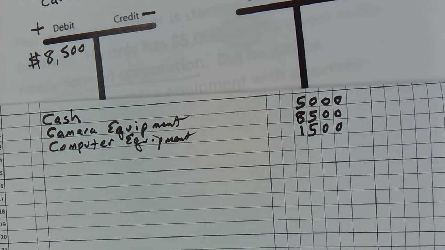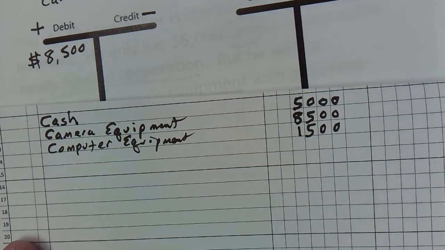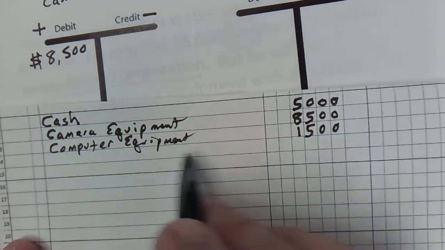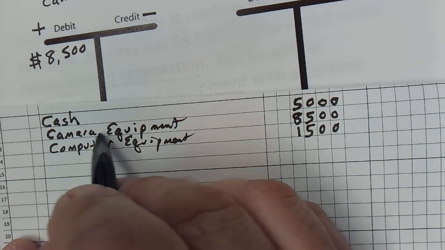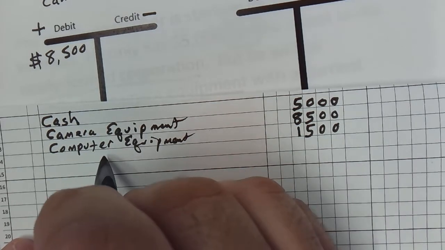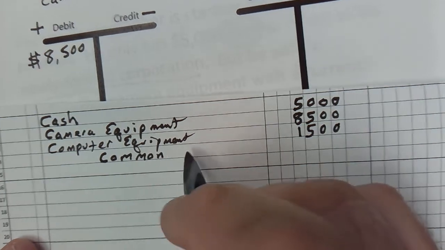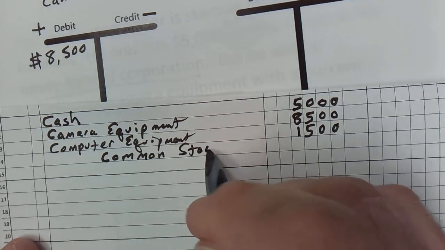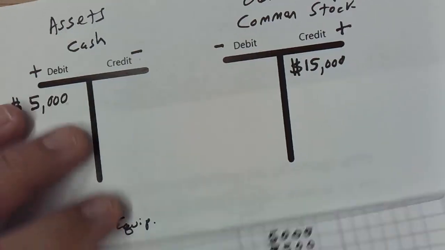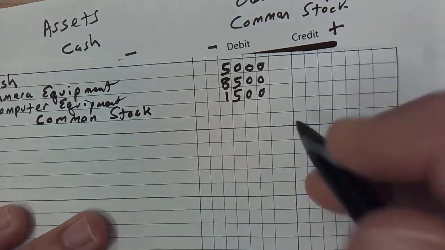We can then look at our credits, which is again going to be indented, and it's okay if it overlaps, it's just going to be indented, and that's going to be for common stock. And we know from our T account it's going to be for $15,000. So I'm going to put that in here.